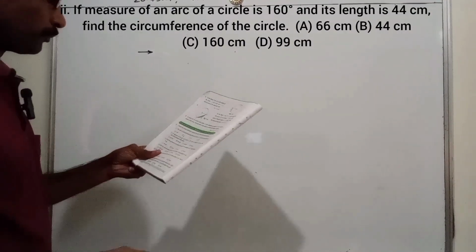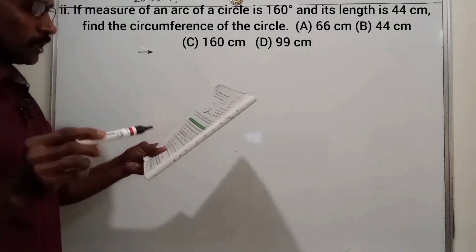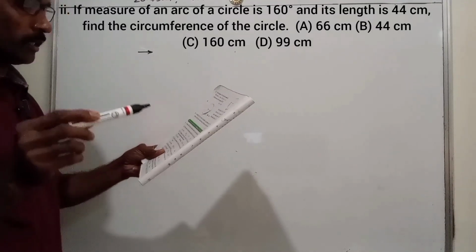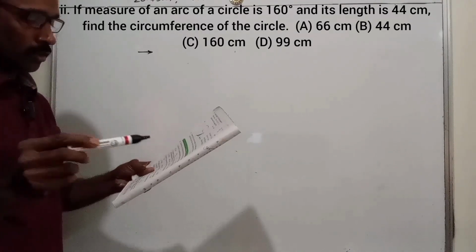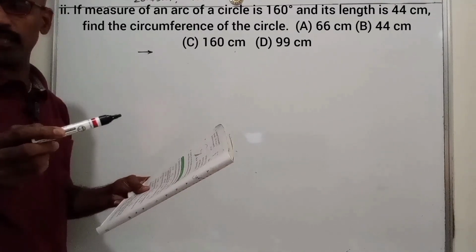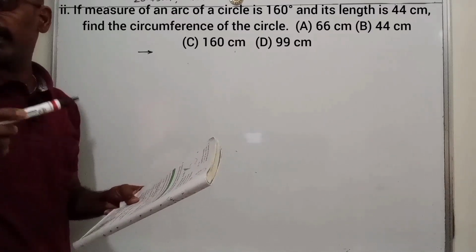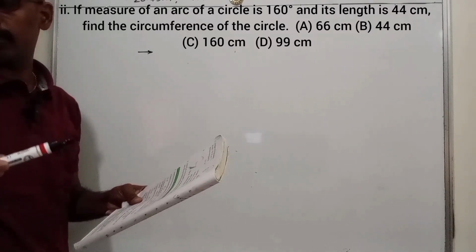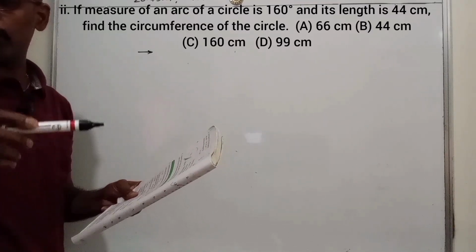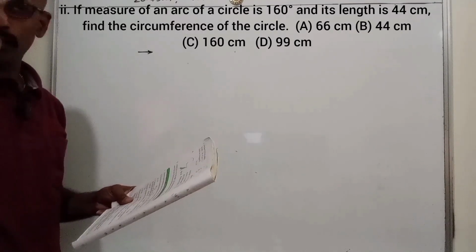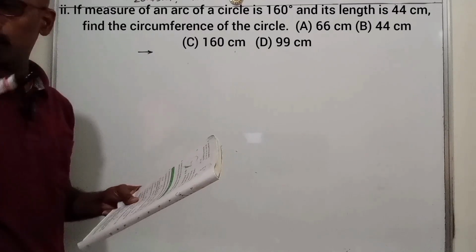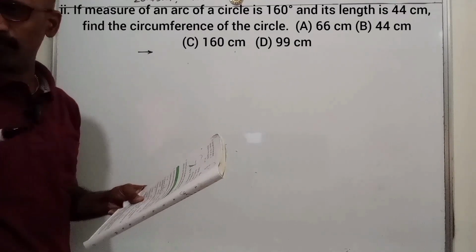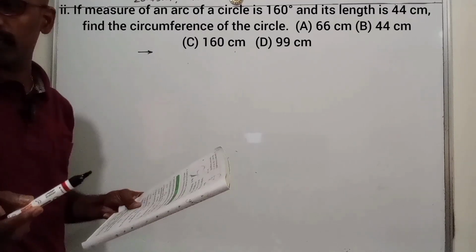Question number 2. If measure of an arc of a circle is 160 degree, measure of an arc of a circle means minor arc, that is theta is equal to 160 degree. Now measure of arc is always equal to the measure of central angle, that is also theta.